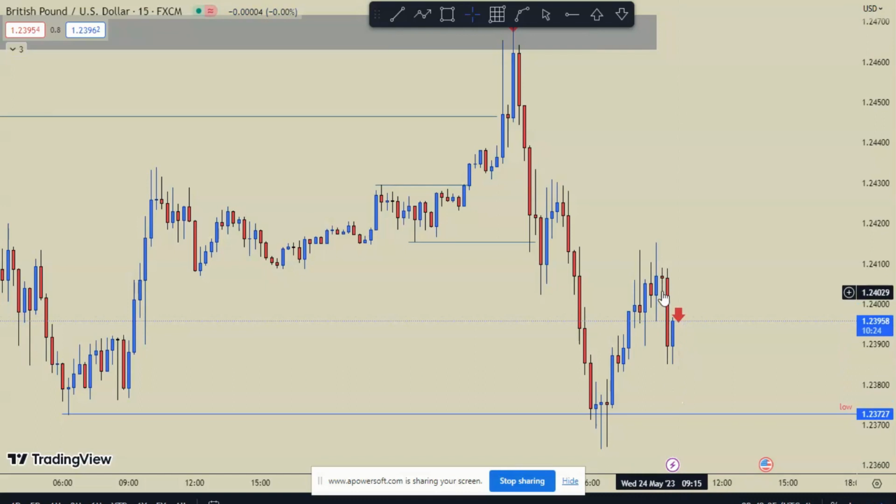But you realize that most of the time you place an entry thinking that the market will go in that direction, but it doesn't go that direction.